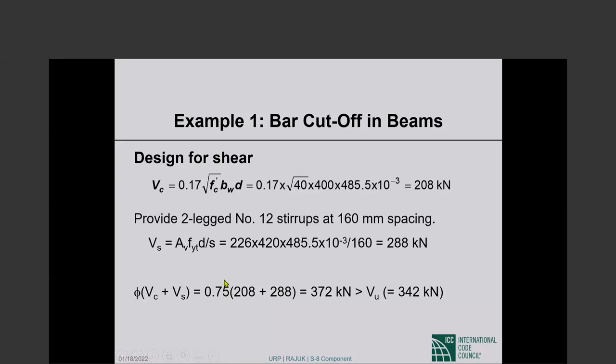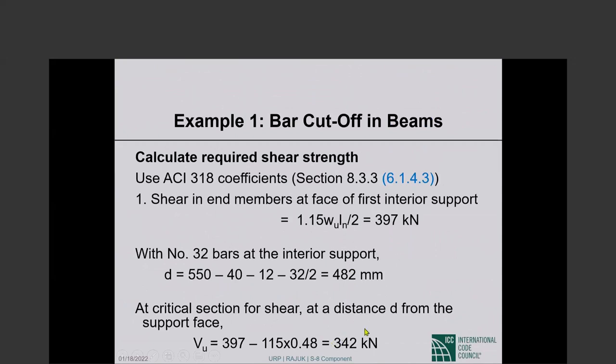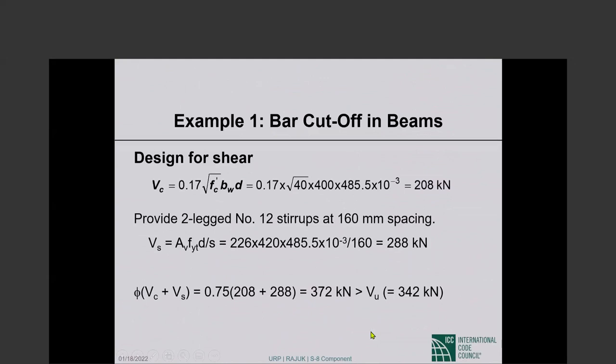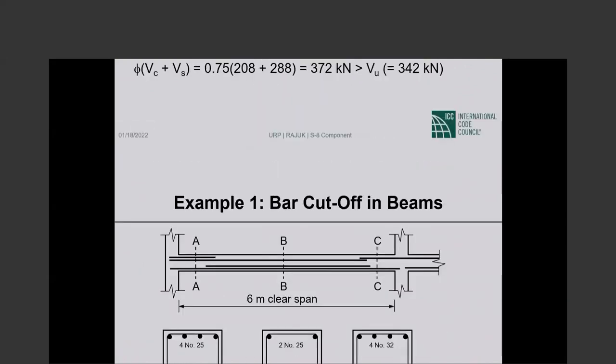Combined and reduced by the phi of 0.75 gives us 372 kilonewtons, which is greater than the 342 that we need to take at the critical section. So we have our flexural reinforcement, we have our shear reinforcement, 2-legged number 12 stirrups.